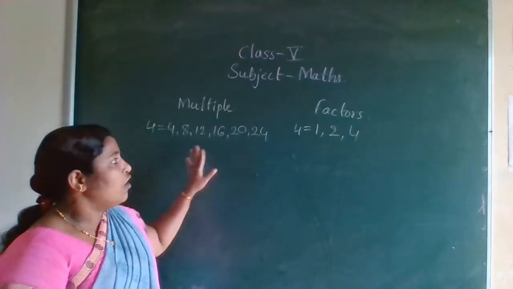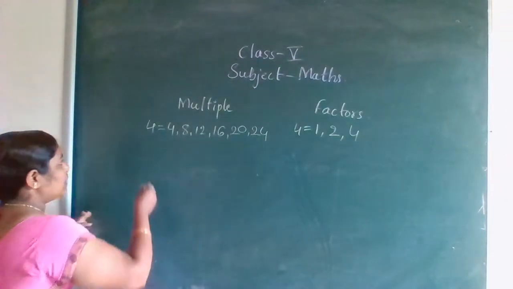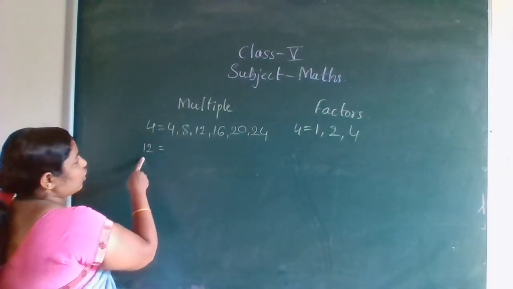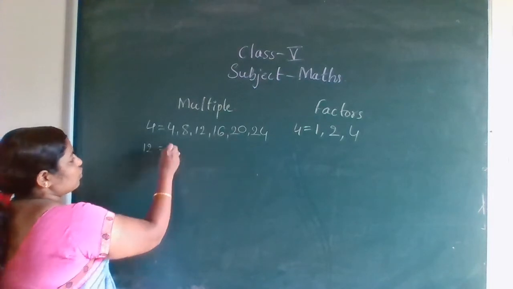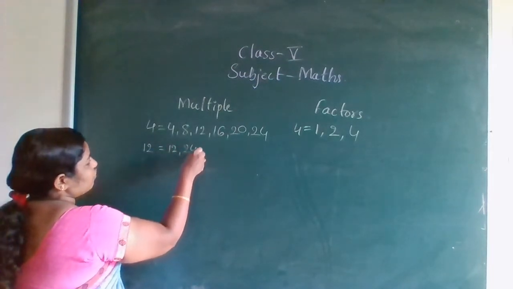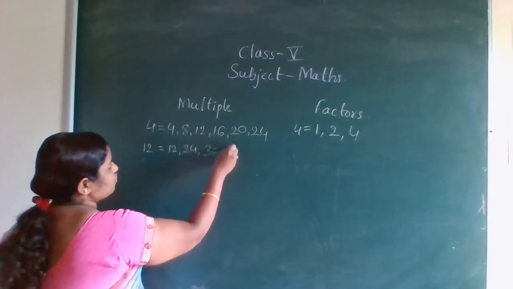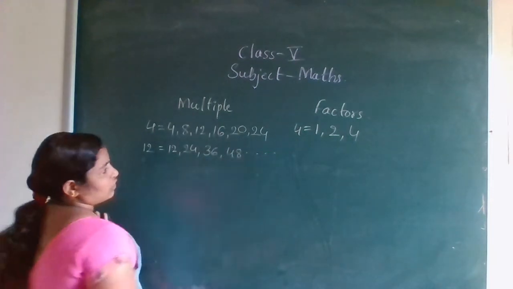After this, find another number, I will take 12. Write the multiples of 12. 12 ones are 12, 12 twos are 24, 12 threes are 36, 12 fours are 48 and so on.